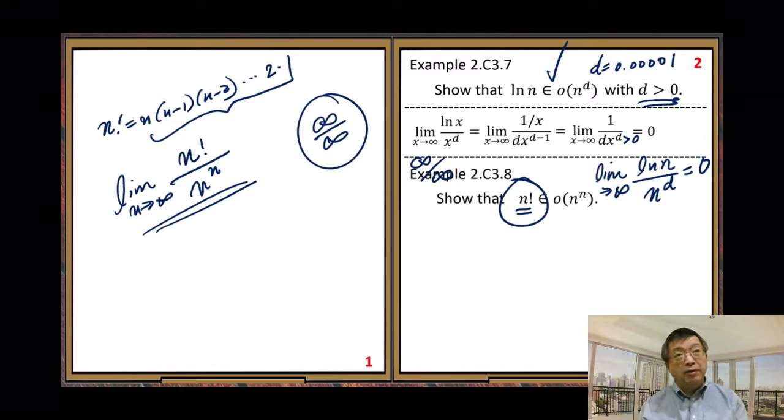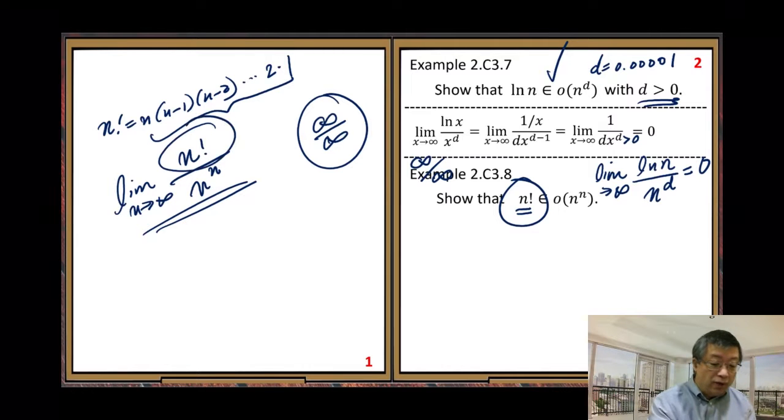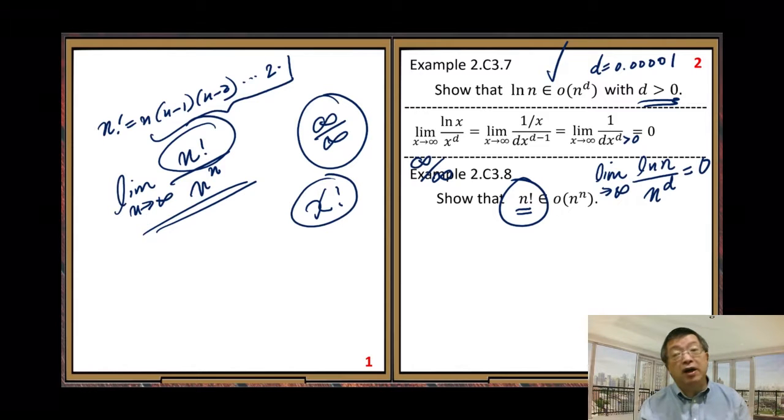But when you change from n to x, you will have a problem defining x factorial. When x is not an integer, how do you define x factorial? If x is just a positive number, not necessarily an integer, how can you define x factorial? It is hard to define.